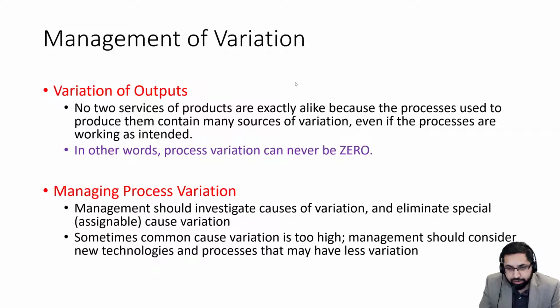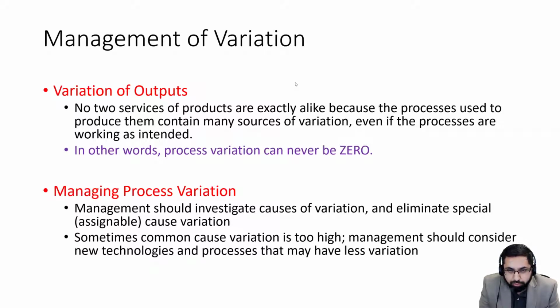So the idea here is that there's some residual variation, some common variation in processes that is normal and natural, and we just have to live with that, and we shouldn't try to reset things or tune things to deal with that amount of variation.